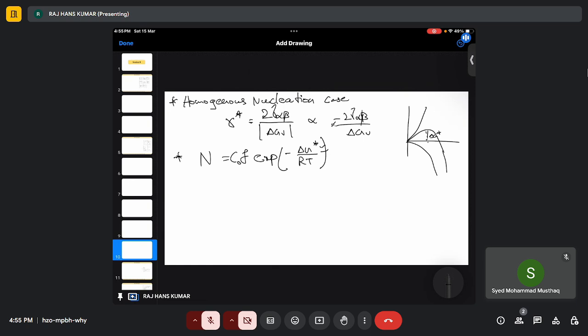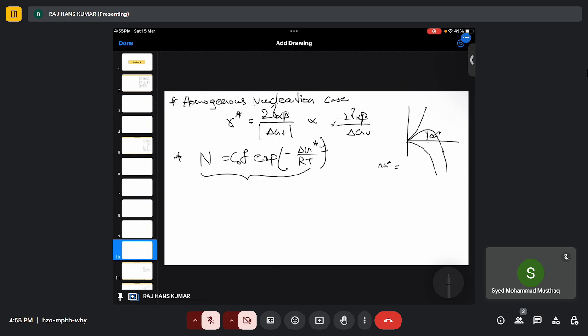Now, this is for how the number of nucleation sites are forming, right? And this all will turn out to be exponential if I substitute this delta G star. After substituting this R star and delta G equation, I will get the delta G star. And if I substitute the term, then what happens?